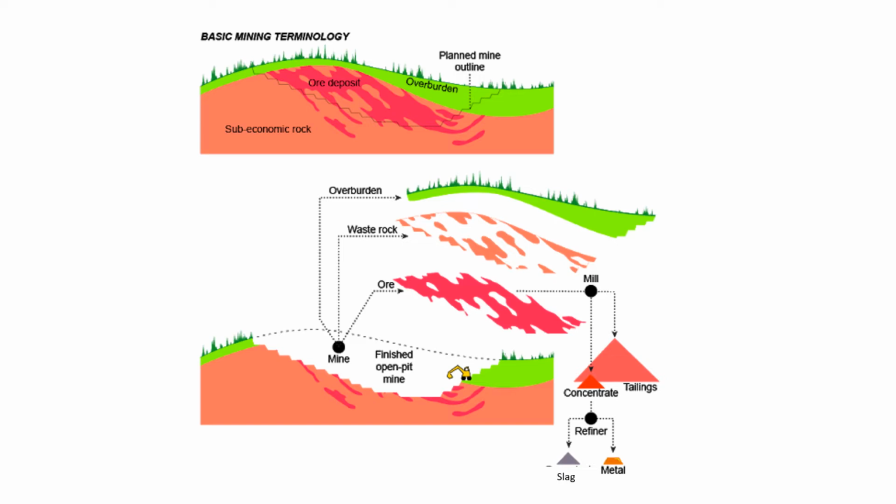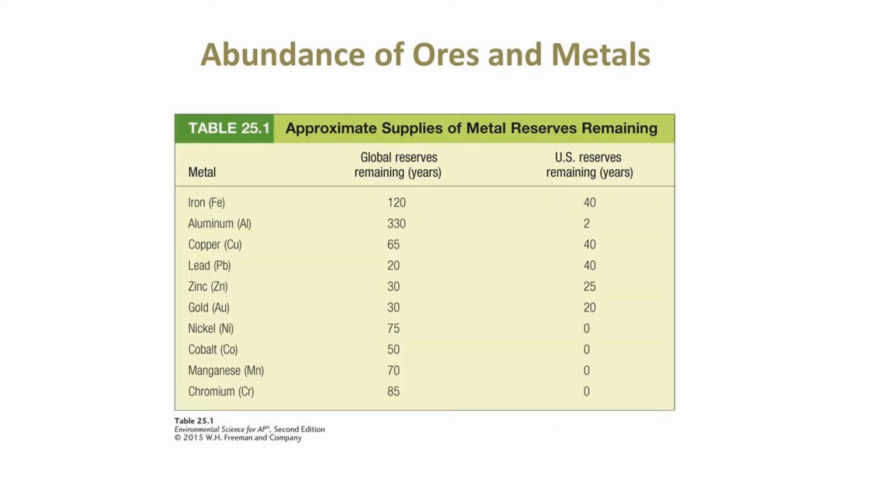So we're looking at the ore, and we want to separate out the ore from this excess rock that it's in. And then from that, we get our tailings, more excess waste, and we get a concentrated ore of very high mineral content. We refine it, and you end up with slag, which is all that impurity and waste product, and then the pure metal.